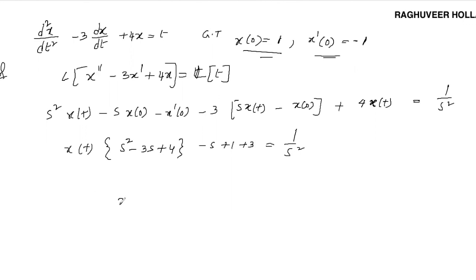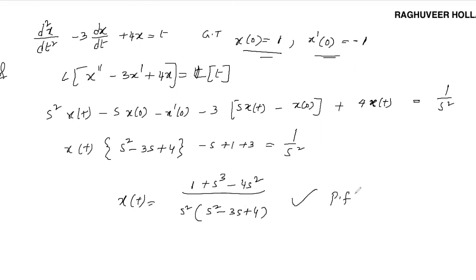So after simplifying, L of x(t) will be 1 plus s cube minus 4s square divided by s square and s square minus 3s plus 4. Now we'll use partial fractions here.